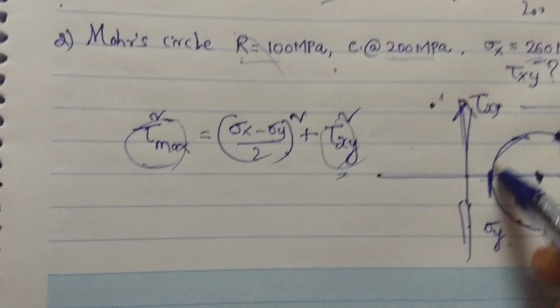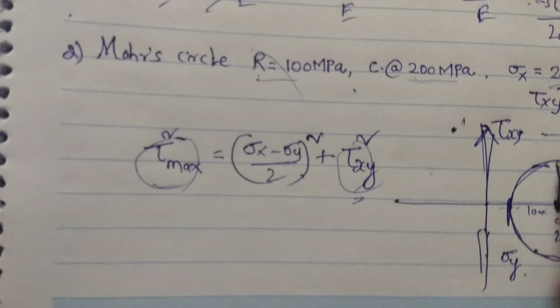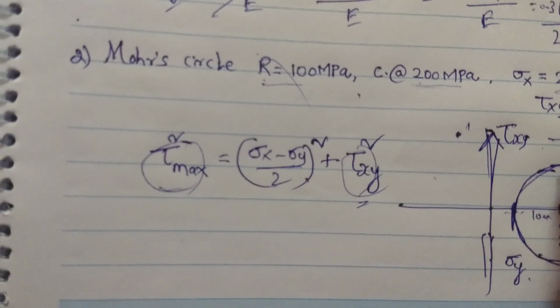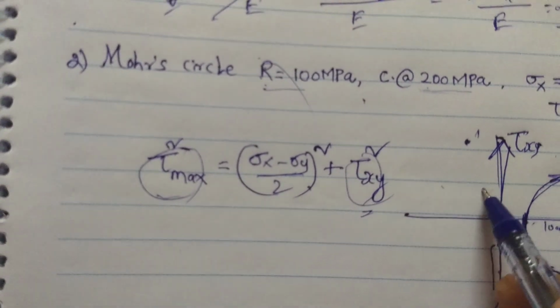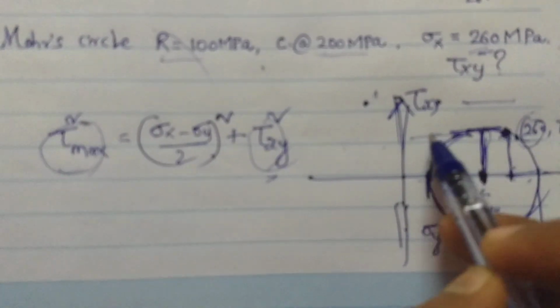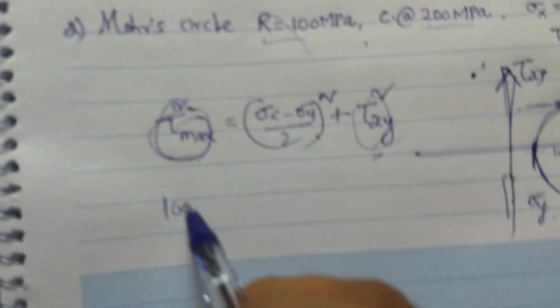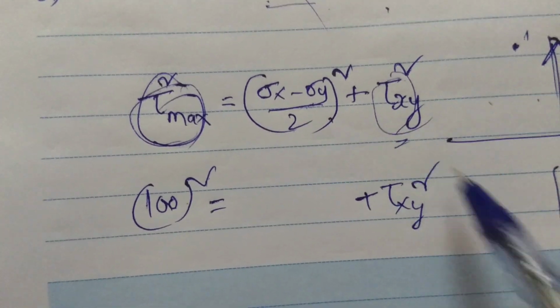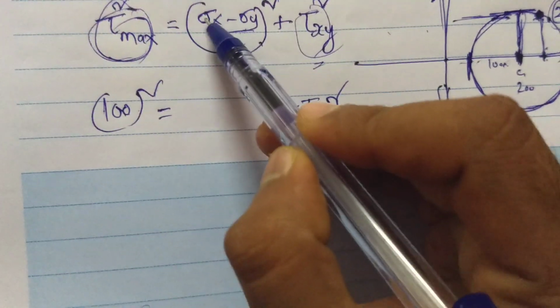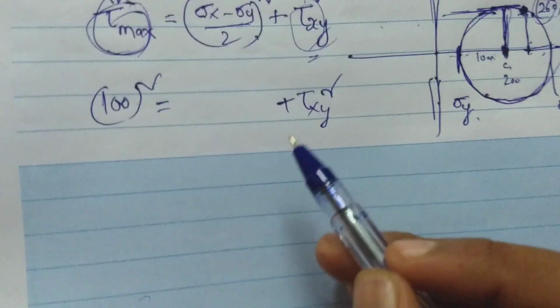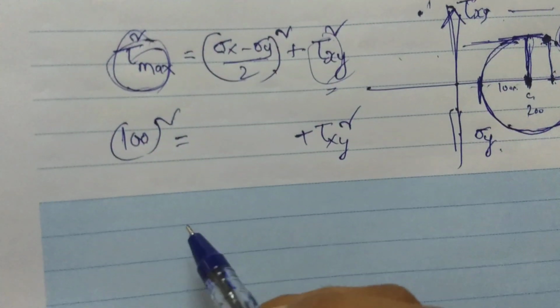The maximum value for any circle is the height of the radius, so the radius is the maximum shear stress. As the radius is given as 100 MPa, the maximum shear stress value is 100 square, plus tau xy square, which we need to find. So sigma x is known, sigma y needs to be known.